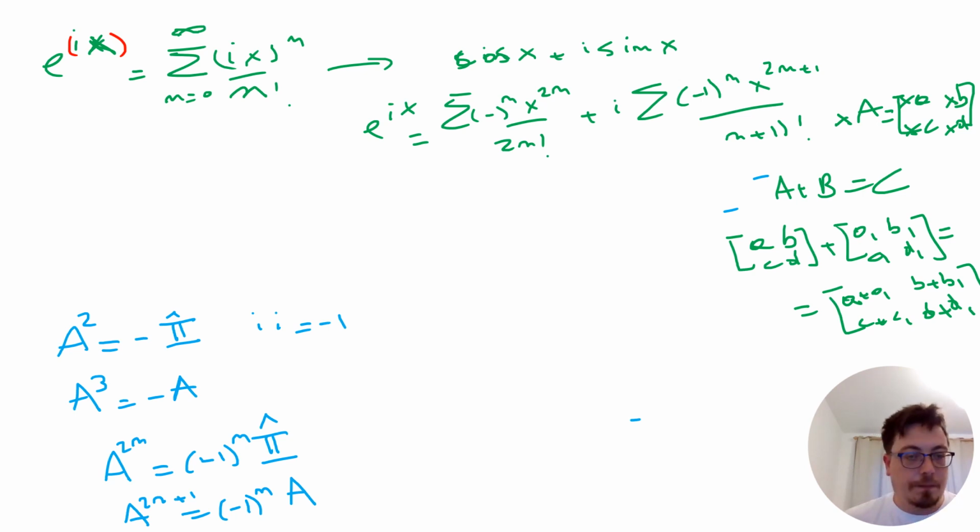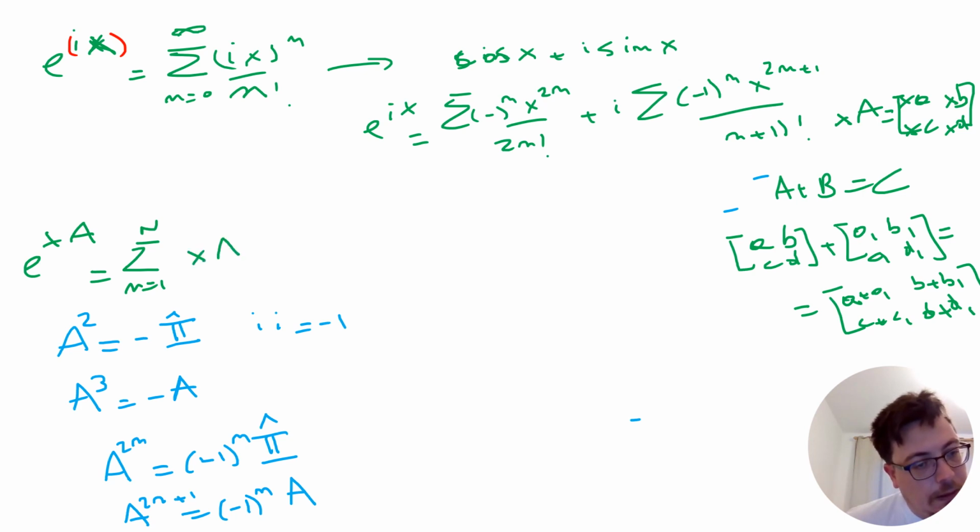Okay, so now down to business. When we have this expression, which by no surprise is written as usual because it's an exponential, we can chop it in two pieces because of these two equations.